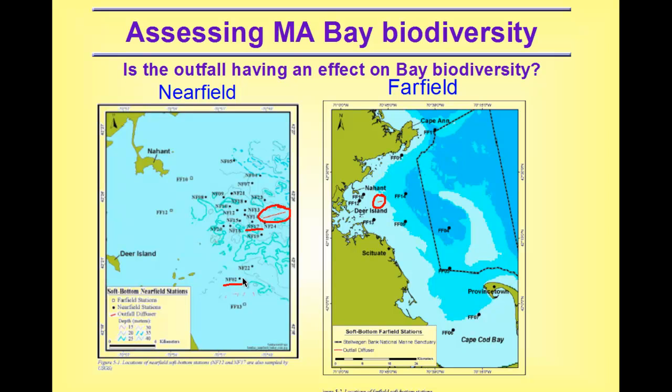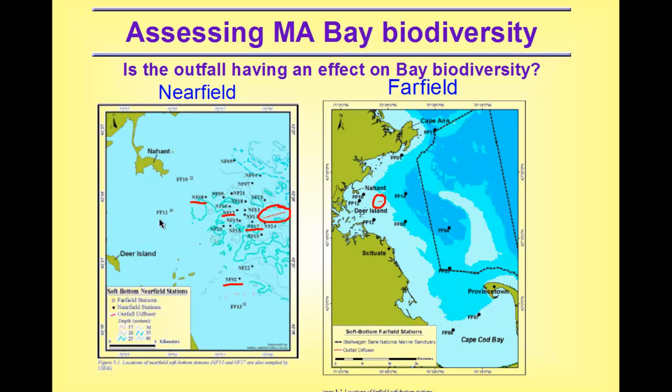So it's an unusual station in that it was originally silt clay when first sampled, and then strange things happened to it. Here is NF8, which is also near a sandbank, and then the other station that I would like to focus on is NF12, which is a near field station in here.